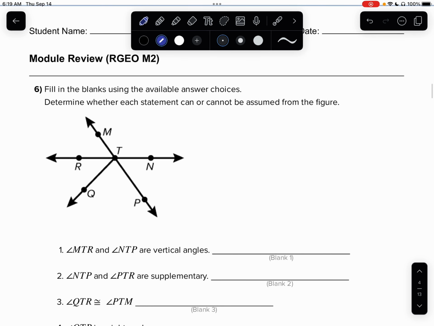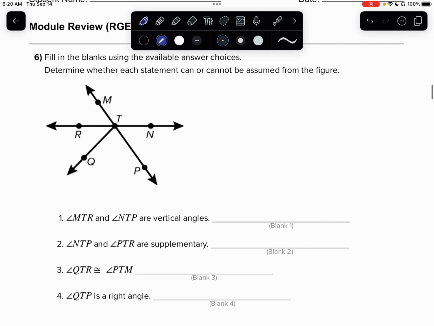Number 6. Fill in the blanks using the available answer choices. Determine whether each statement can or cannot be assumed from the figure. So it's basically a true or false question. MTR, so angle MTR, okay, so that's this angle right here. And NTP, all right, that's this angle right here, are vertical angles.